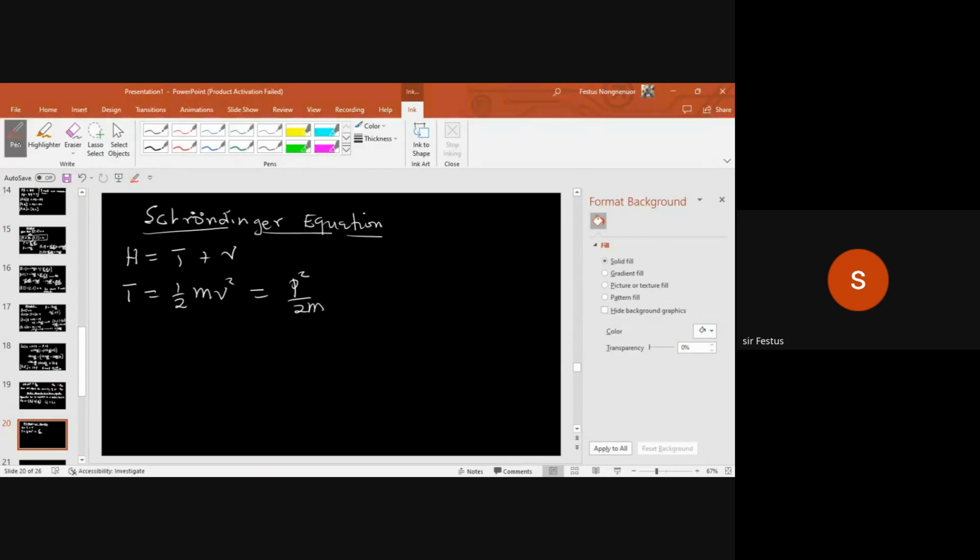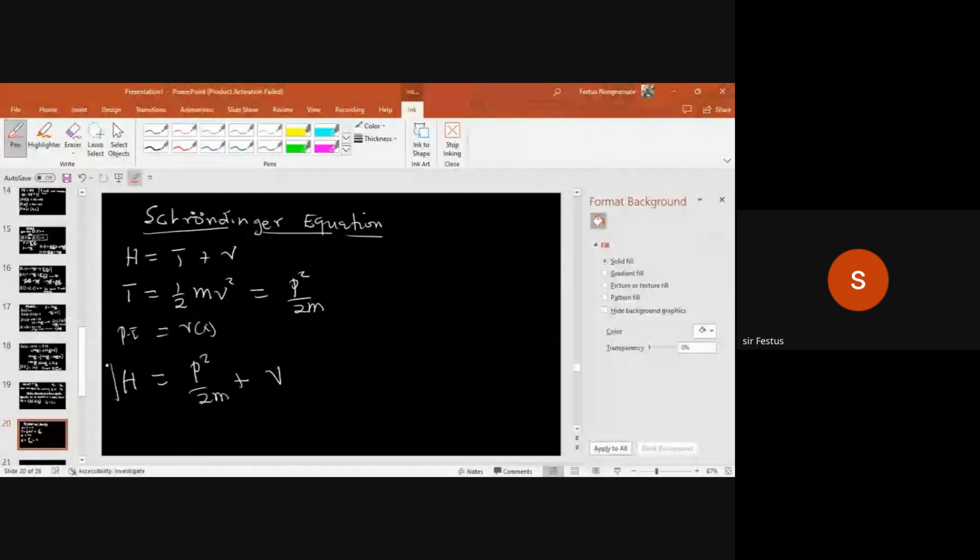Now our potential energy, which we normally write as V, is a function of position. To sum up our mechanical energy, H is equal to P squared over 2m plus V. So this is the total energy of the system, which we call the mechanical energy.